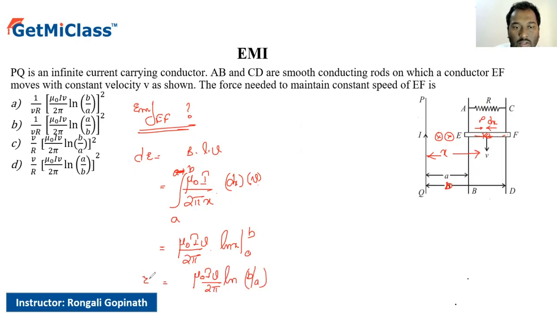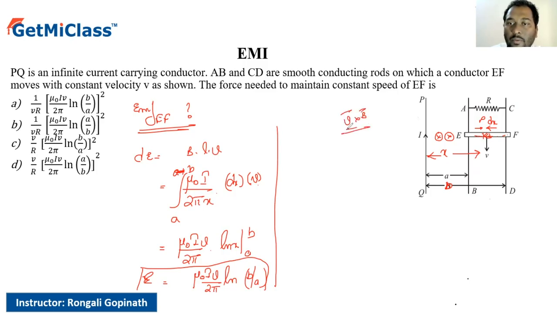This is the EMF induced in the rod, right? Because of this EMF, there is an induced current, and that induced current will be in such a way that V cross B, when we calculate V cross B, B is into the page, V is downwards, so V cross B will be like this. So this becomes positive, this becomes negative.